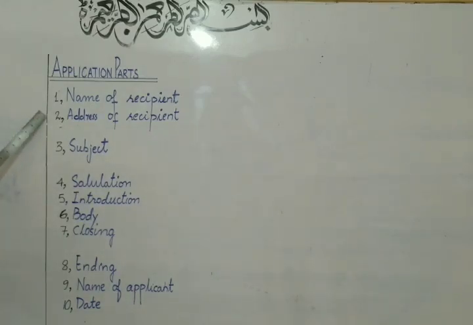In the address of recipient, you will write the name of your school, A.B.C. school, comma. Then you skip a line, and in the subject you will write the reason for writing an application.